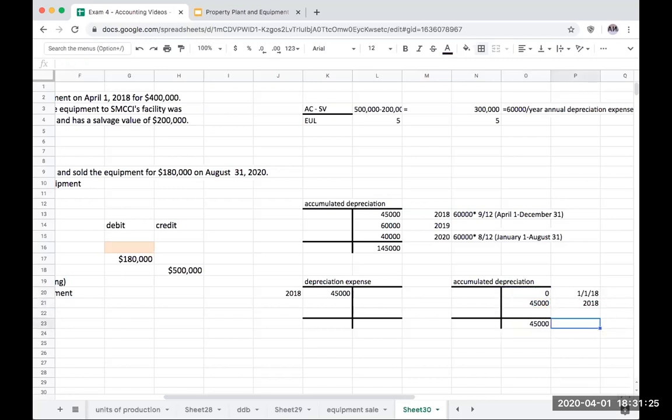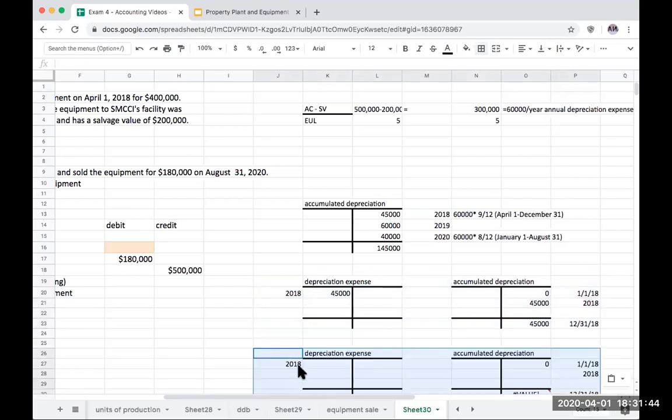So my ending balance on December 31st, 2018 is going to be $45,000. I never close out accumulated depreciation because it is a contra asset account. My expenses and revenues get closed out to retained earnings, so this balance would go to 0.